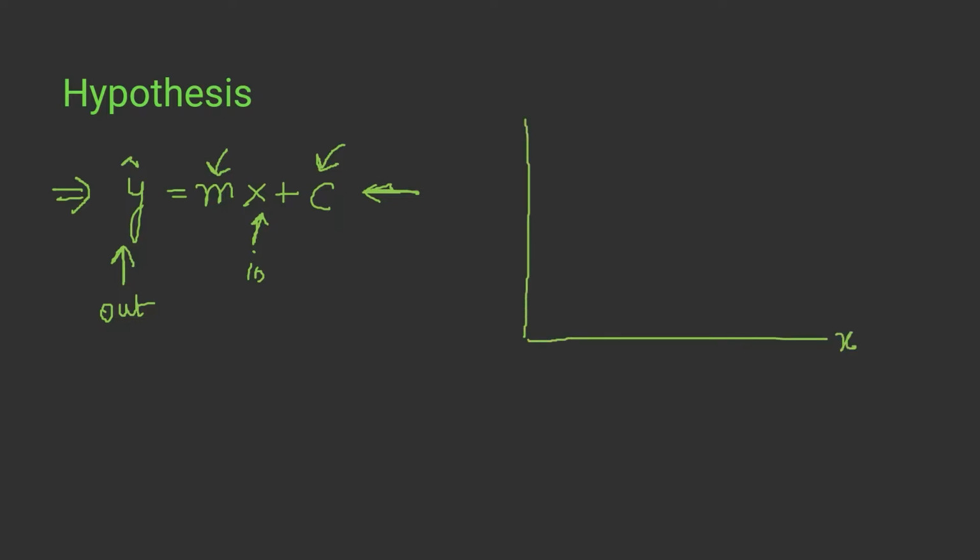Suppose this is x and this is y. Now in mx plus c, m means the slope and c means the y intercept. Once after training the model, you will have your final hypothesis. Let's say this is your hypothesis, and you are given these x values in your data. Using this hypothesis you can easily predict the y value.